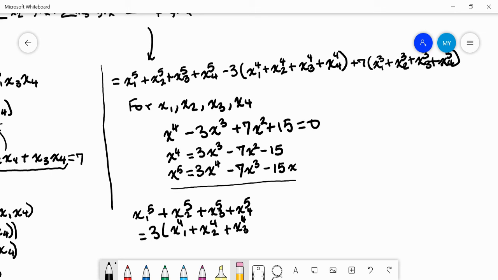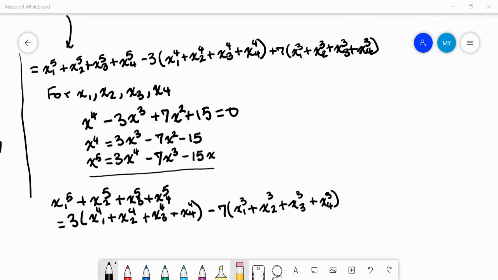Sorry, these should have fourth powers on them. So x1 to the 4 plus x2 to the 4 plus x3 to the 4 plus x4 to the 4 minus 7 times x1 cubed plus x2 cubed plus x3 cubed plus x4 cubed minus 15 times x1 plus x2 plus x3 plus x4.